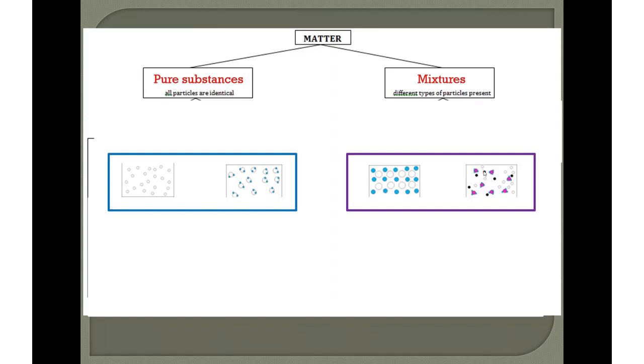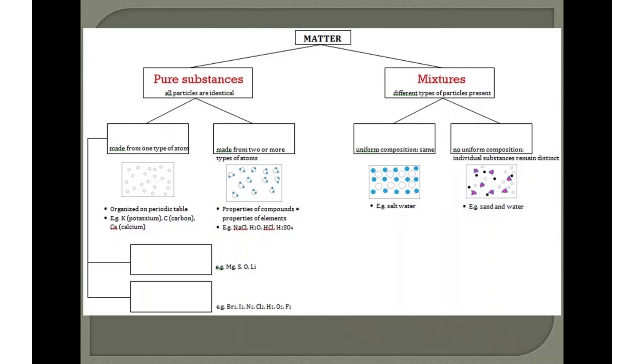It has 1, 2, 3 different types of particles all together in one. So these are different types of particles that are present. Again, here, it's the same in this substance, same in this substance. These are different: 2 different types of particles, 3 different types of particles.